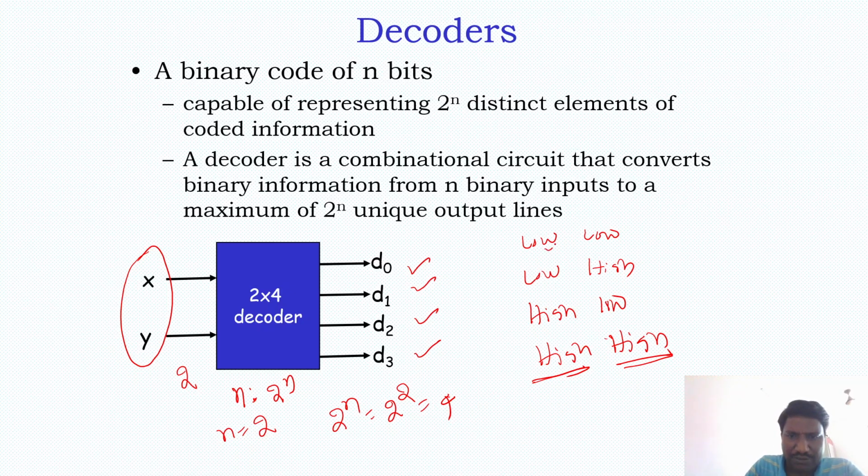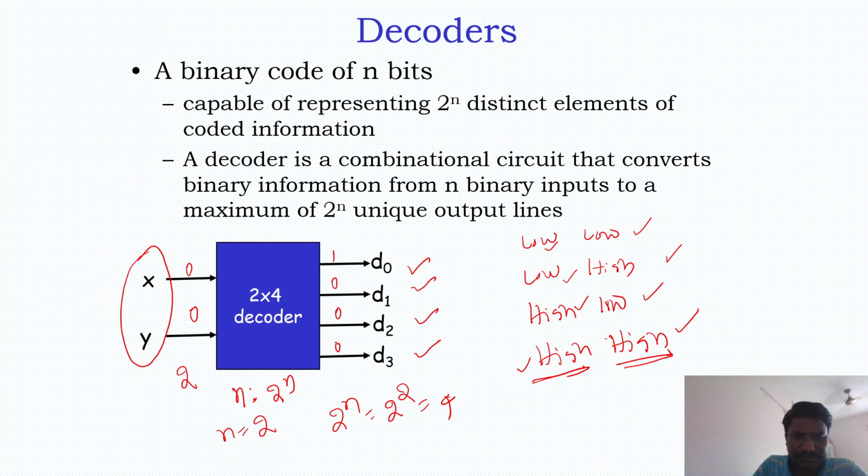When inputs are 0, 0, D0 will be 1, rest all will be zeros, where this is LSB and this is MSB, least significant and most significant.